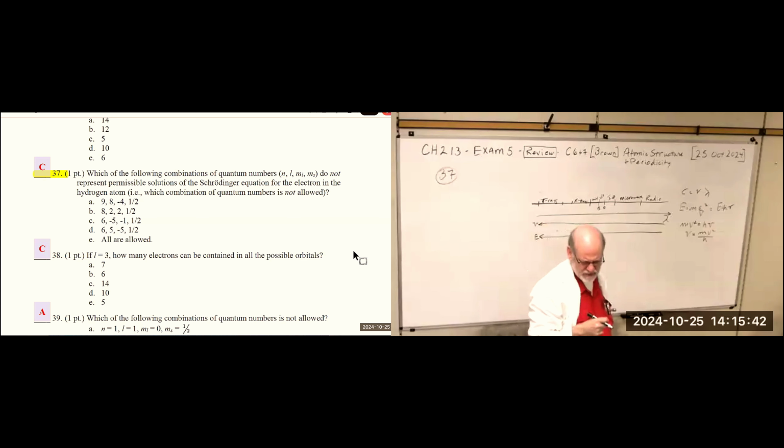Which of the following combinations of quantum numbers do not represent permissible solutions of the Schrodinger equation for the electron in the hydrogen atom? Which combination of quantum numbers is not allowed? Okay.